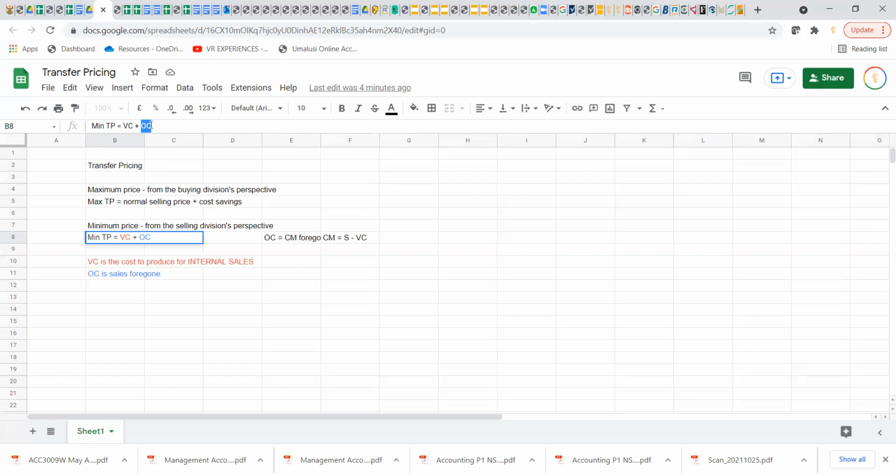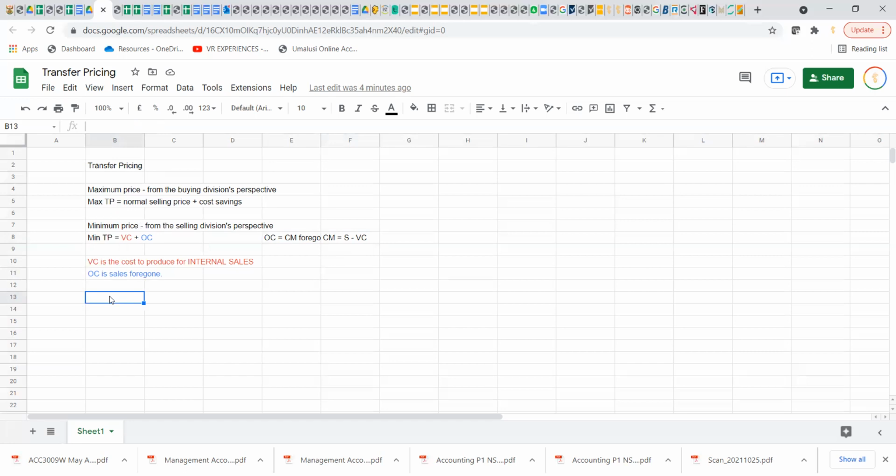The opportunity cost is equal to the contribution margin of foregone external sales. How do we calculate contribution margin? Sales minus variable costs. What's important to take note of is that this variable cost is the variable cost incurred to sell externally. Okay, so that's important.